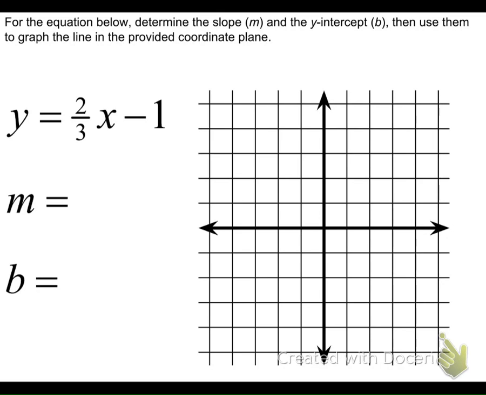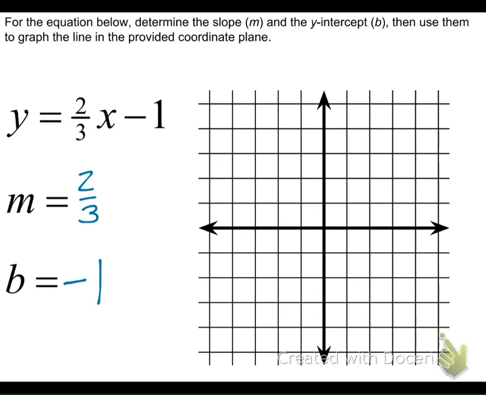Okay. So what is m? If we look at our note sheet, 2/3. And remember, slope is the number multiplied by x, because multiplied starts with an m. M represents slope, so m equals 2/3. And then what does b equal? -1.